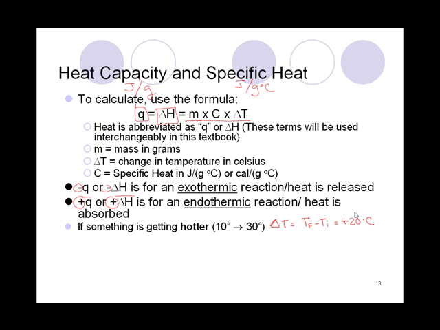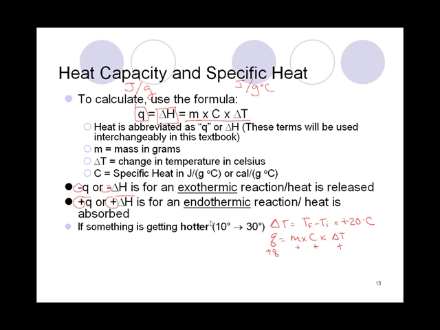So if I do Q equals mass times C times delta T, remember this C is always positive, the mass is always positive, and in this case the delta T is positive, which is going to give you a positive Q, which is an endothermic process.